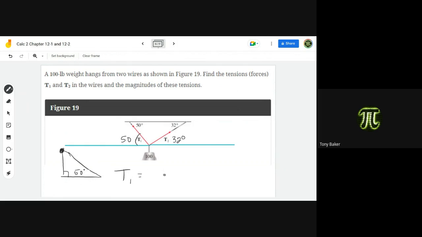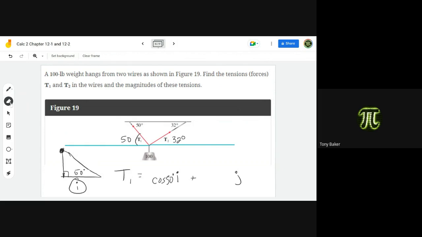So your I, we have I plus J. My I, if I wanted to figure out the length of I, knowing this, which trig function am I going to use to find I? Cosine. So I have cosine of 50.